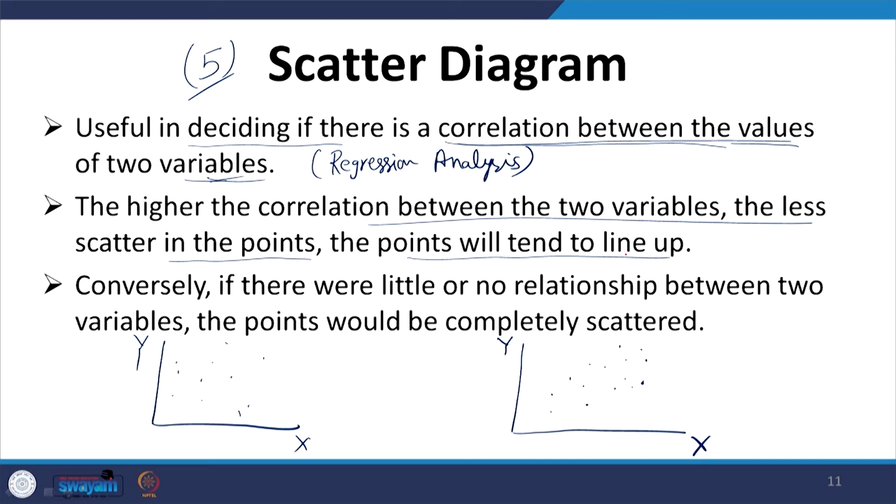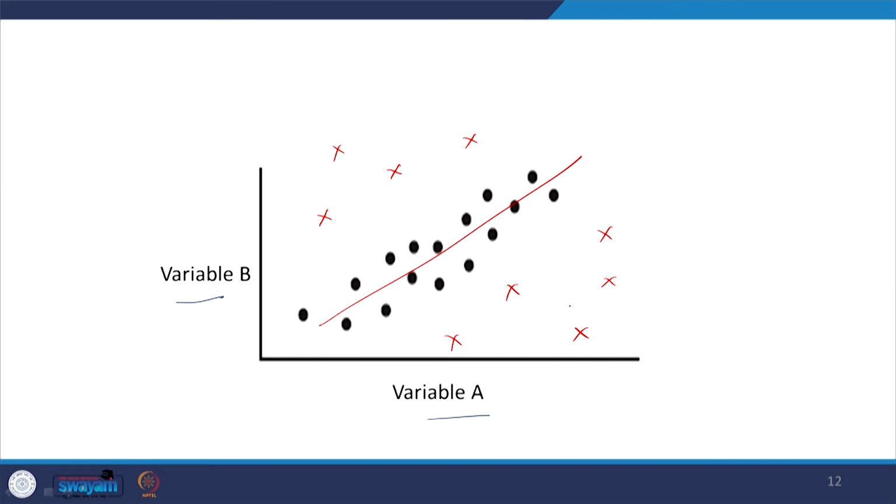Conversely, if there is little or no relationship between two variables, the points will be completely scattered, either like diagram 1 or this second case where the points are too much scattered. So, in this particular case you will not have any significant relationship, and then you will have the implication for quality that these variables are unrelated.